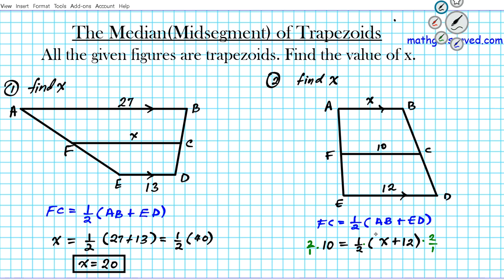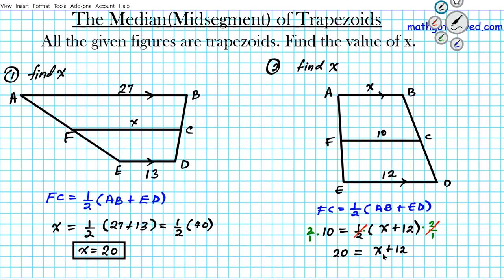And then that's going to give us 20 is equal to, so on the right side, 1/2 and 2/1 are inverses, so they cancel each other out. And then we have x plus 12.